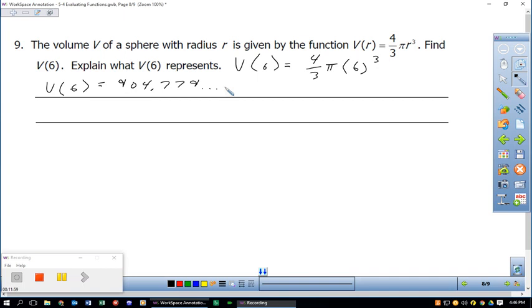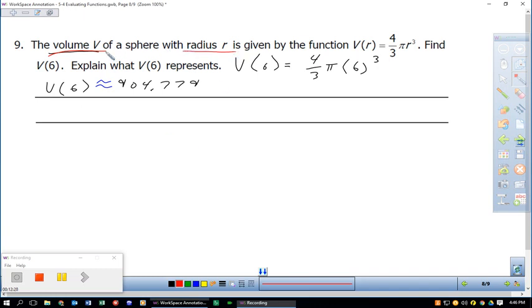Yeah, I've definitely rounded that, so we're going to say this instead. Instead of saying that equals that, I'm going to say that it's approximately that, because it is something close to that, but it's not quite. Now explain what V of 6 means. Well, what is V? V is the volume of a sphere with radius r.